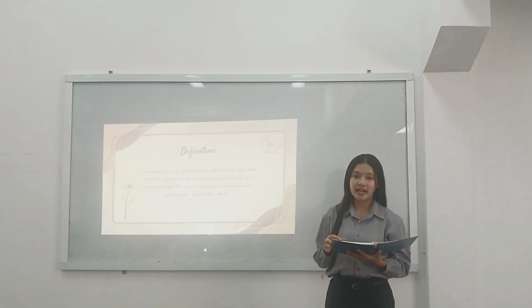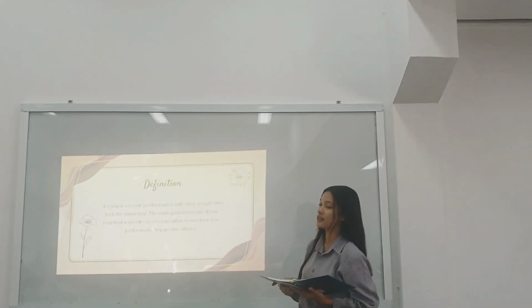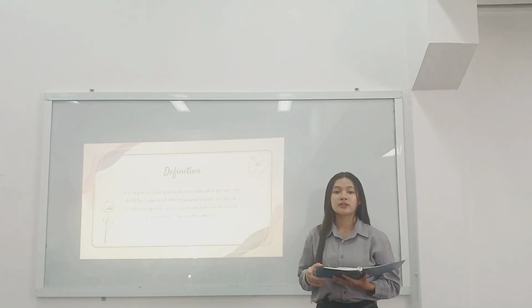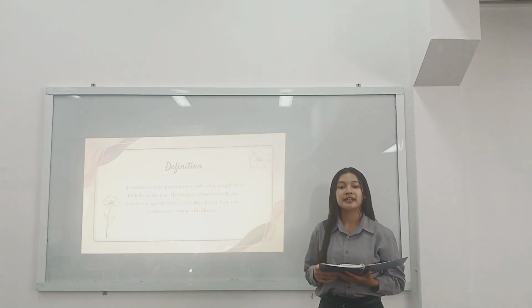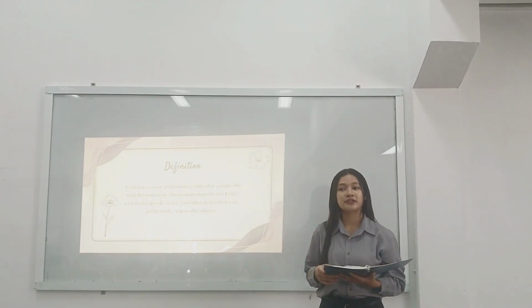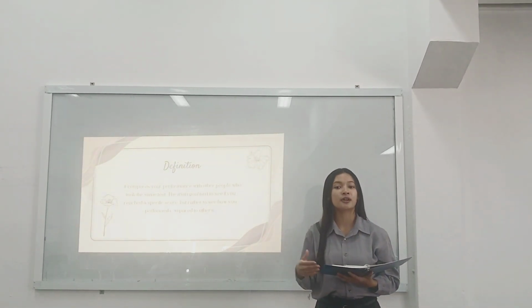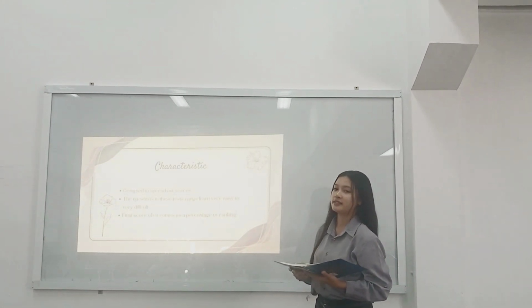This is exactly how a norm-reference test works. It compares your performance with other people who took the same test. The main goal isn't to see if you reach a specific score, but rather to see how you perform compared to others.